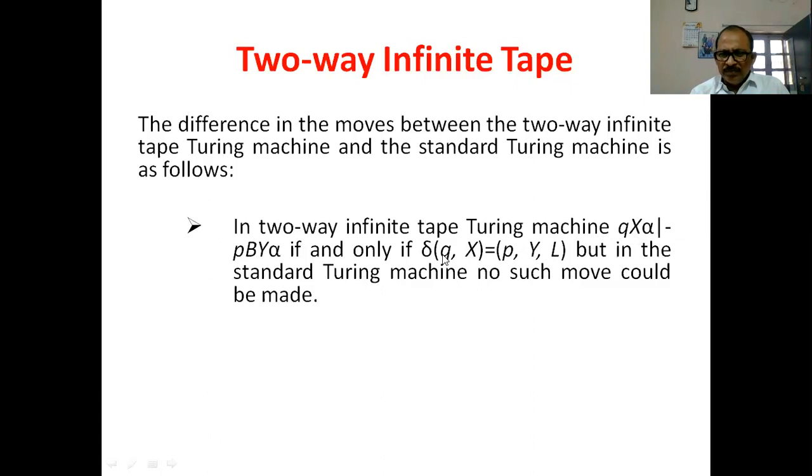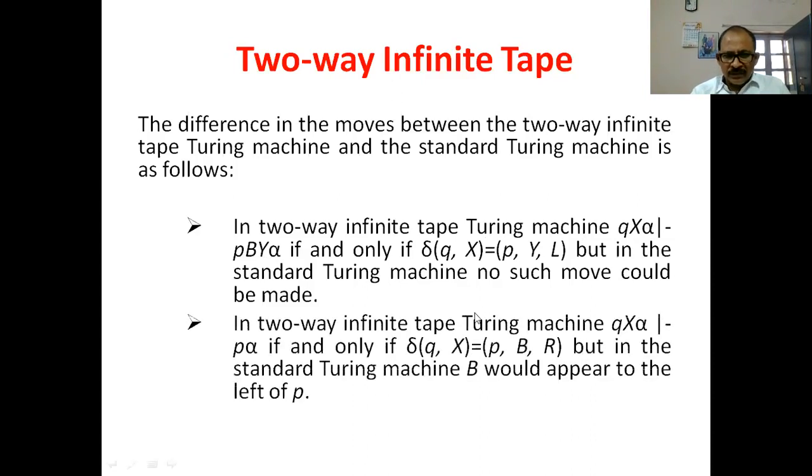If it reads x, it goes to state p, replaces this x by y and moves in the left direction. Here you can see, if this is the situation, then the next configuration will be p, B, y, alpha. Here you can observe that the machine moves in the left direction, but this movement is not allowed in the standard Turing machine. Why? It is because in the standard Turing machine, the left hand side is closed.